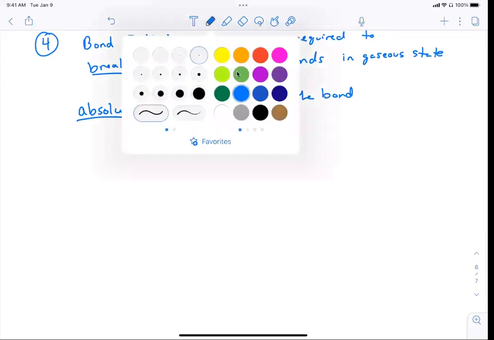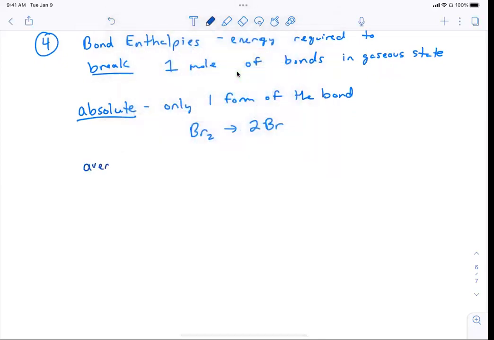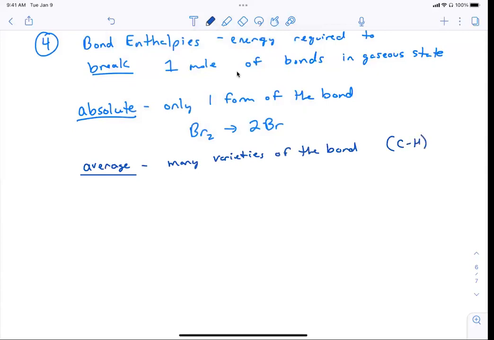But there are also average bond enthalpies where there are many varieties of the bond. For example, the C to H bond exists in a whole bunch of different molecules with different energy requirements, because the bigger the molecule, the more complex it is and the different energy states it exists in.